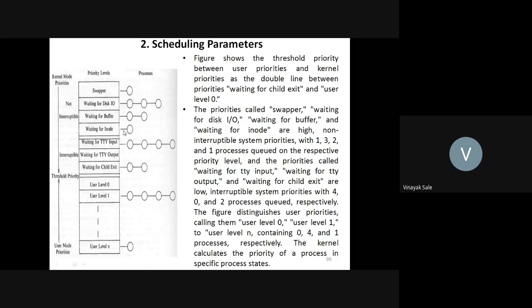These are the processes: swapper has 3 processes, waiting for disk IO has 3 processes, waiting for buffer has 2 processes, and waiting for inode has 1 process.